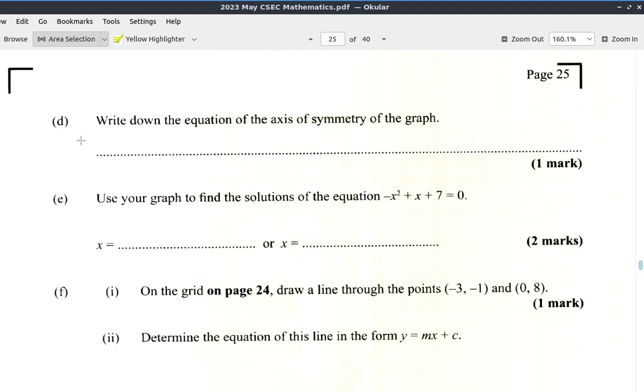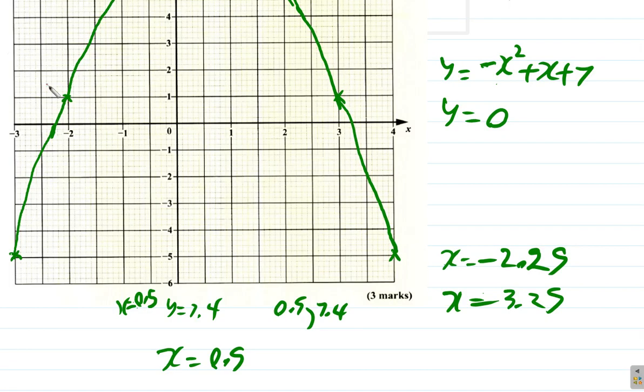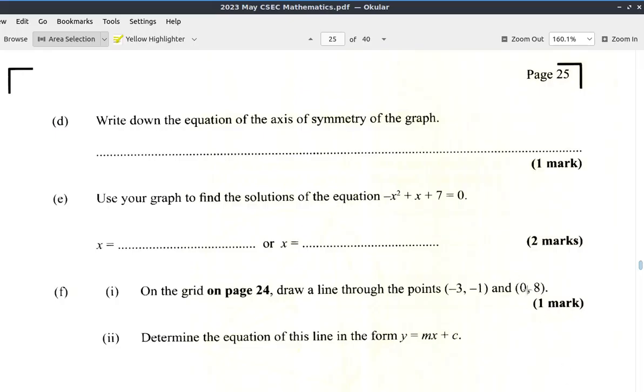Now, on the grid on page 24, draw a line through negative 3, negative 1. So, where is negative 3, negative 1? You must draw a line through negative 3, negative 1 right here, and 0, 8.